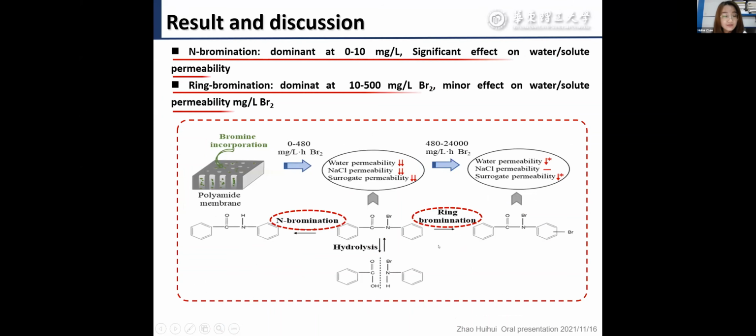Chlorination and chlorination-promoted hydrolysis are the commonly proposed mechanisms for PA membranes exposed to chlorine.